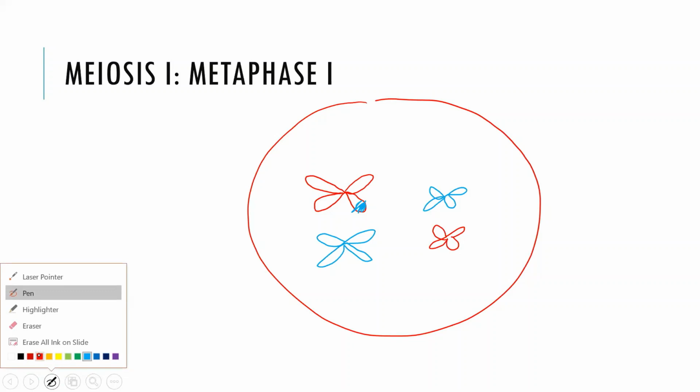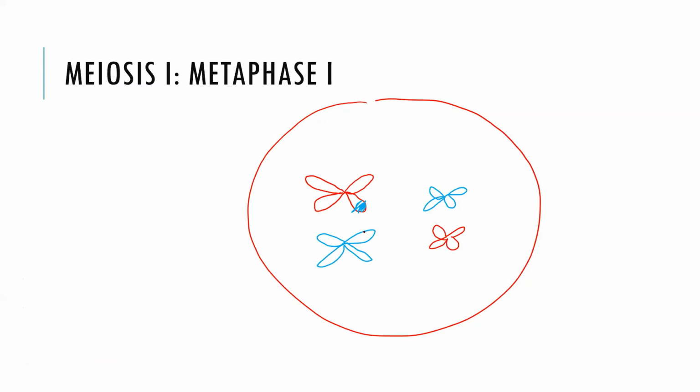So in mitosis metaphase, you had the chromosomes lining up individually, but during meiosis 1, during metaphase 1, these arrange as pairs. So you have centrioles on the opposite ends, and these attach to each chromosome like this.